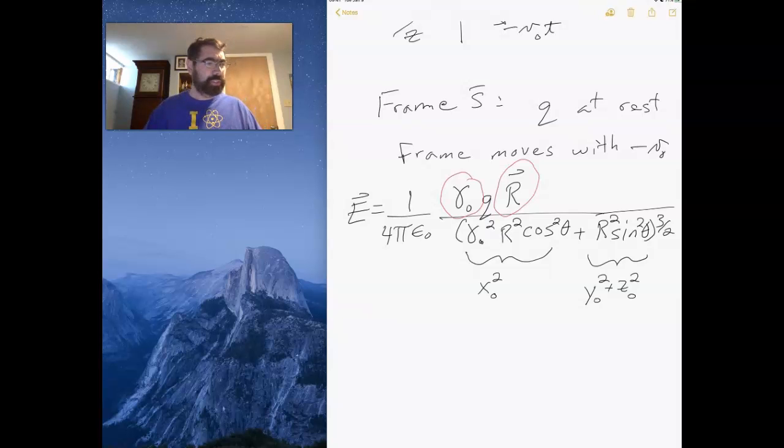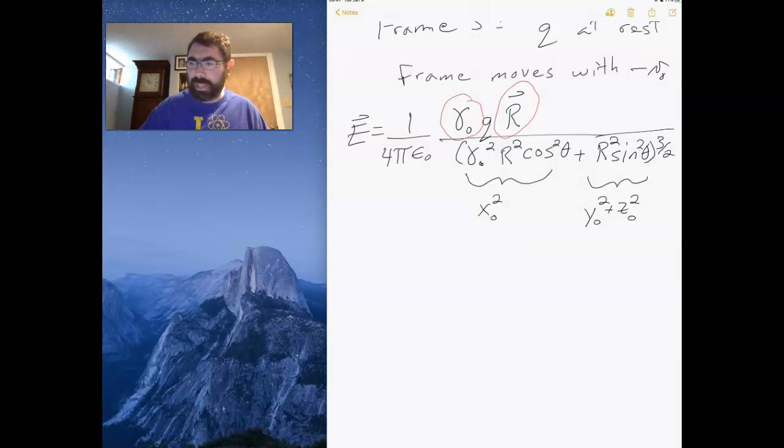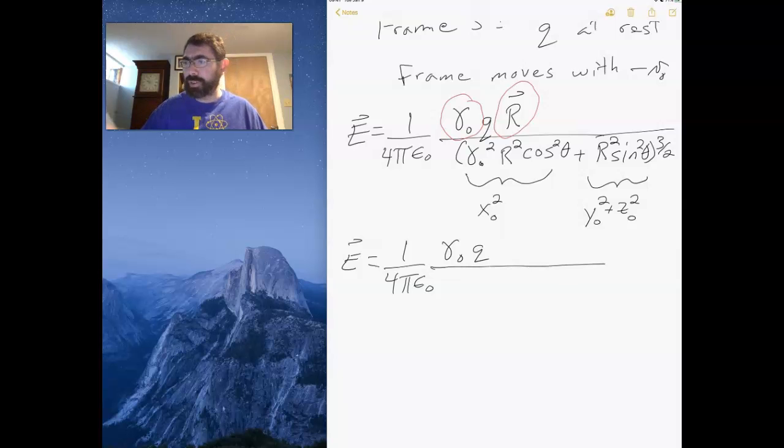Okay, so let's rewrite this now. We can factor out the r squared from the denominator. What we get is 1 over 4 pi epsilon naught gamma 0 q. If I factor out an r squared, that would give me r cubed.